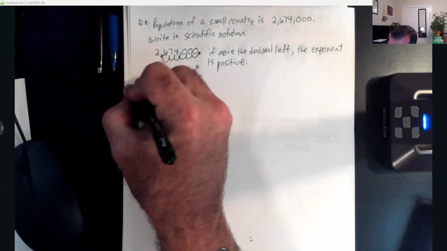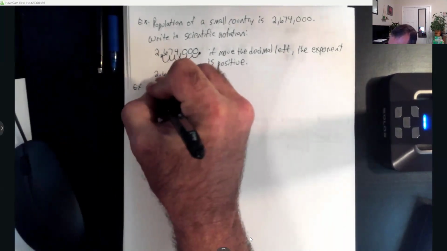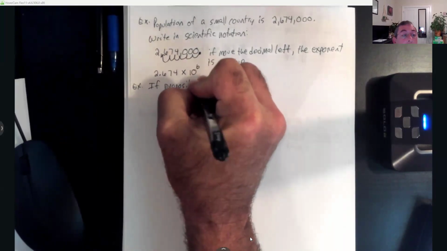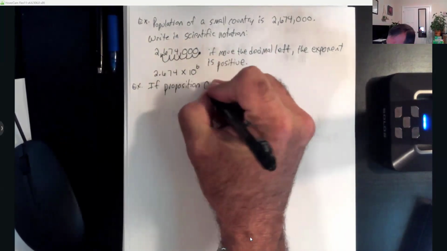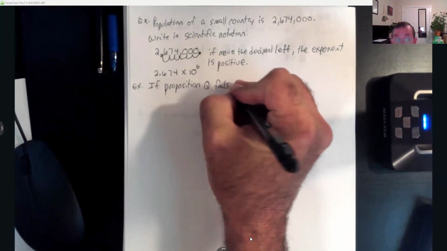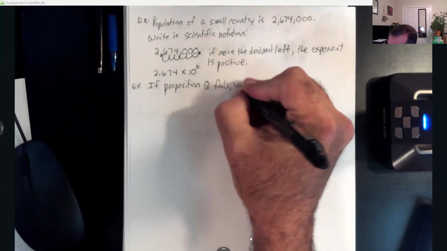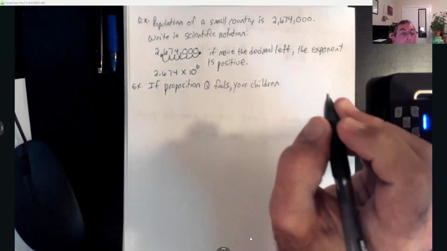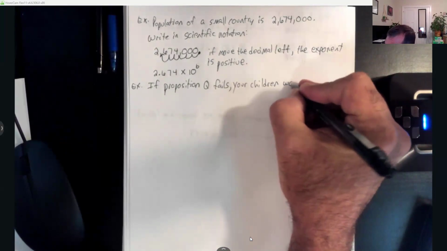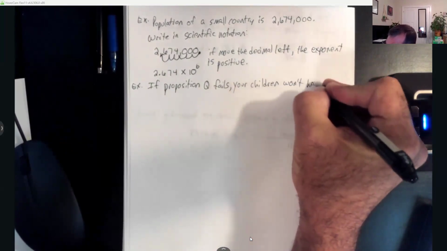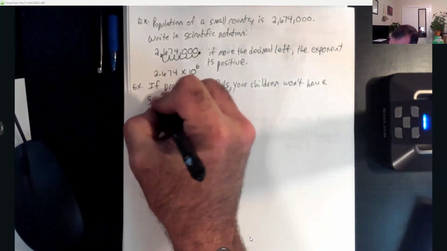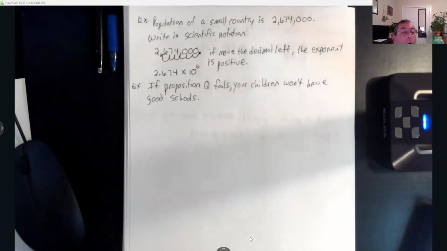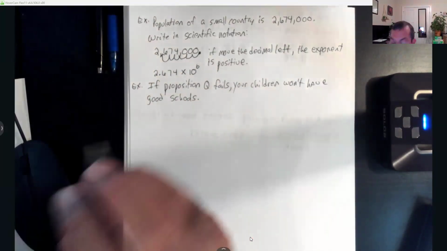All right, y'all, so this one says, if proposition Q fails, your children won't have good schools. So we're identifying the fallacy.